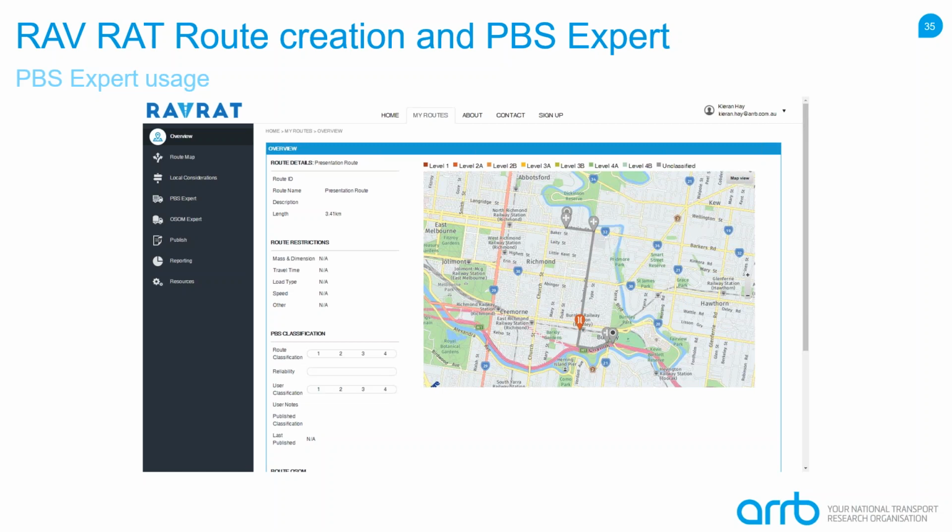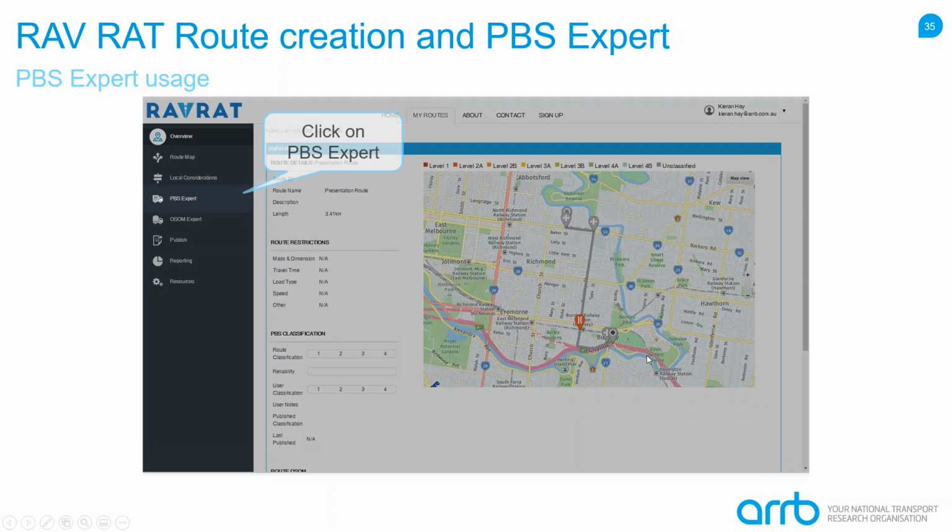So you can use it to assess for road trains or B doubles, and it basically just provides you that PBS network classification, and then you can assign that to typical vehicles based on the table that I mentioned earlier. And we'll go through that a little bit later as well. So first of all, we just want to click on the PBS Expert button. That'll take you through to that PBS module.